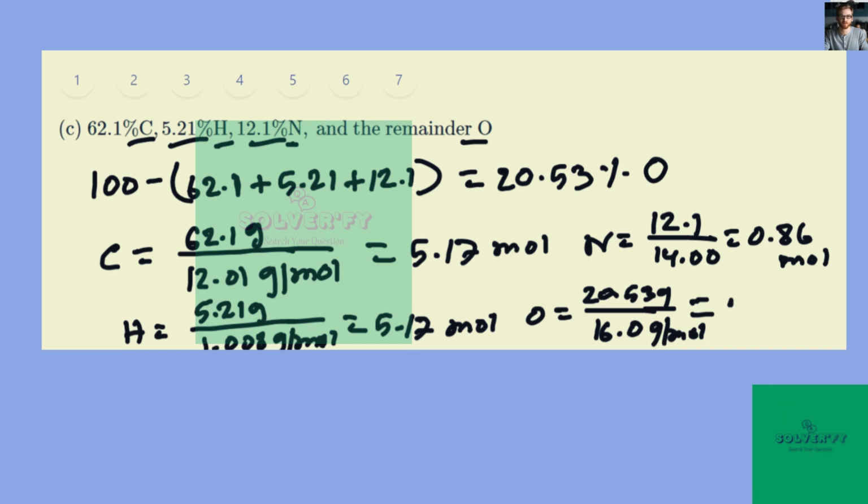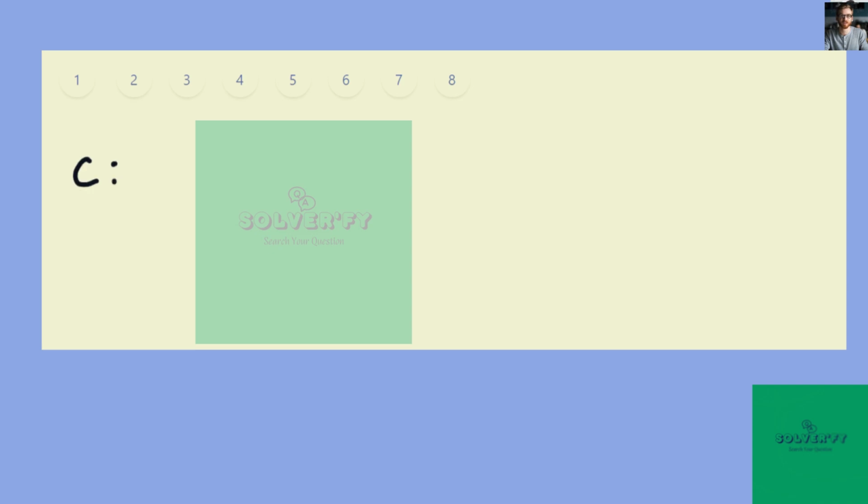So the ratio of carbon will be 5.17 over 0.86. This will give us a value of 6.01, and we can write it 6. Then for hydrogen, it will be again 5.17 over 0.86, which is 6.01 or approximately 6.